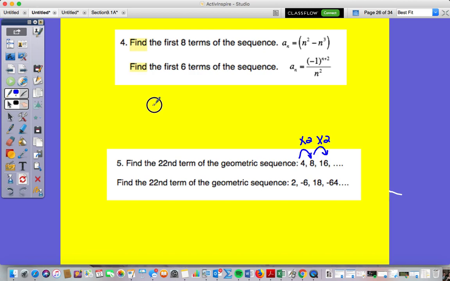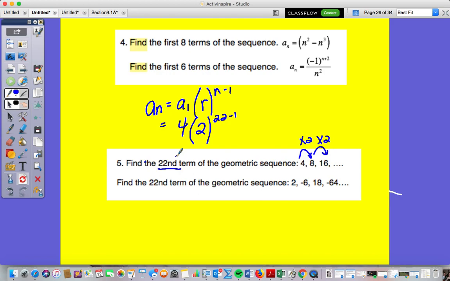But we could just put in a sub n equals a1 times r to the n minus 1. What is a1? 4. What's r? 2. And then what is n? 22. And that's to the 22 minus 1.